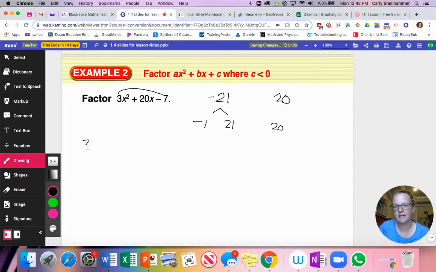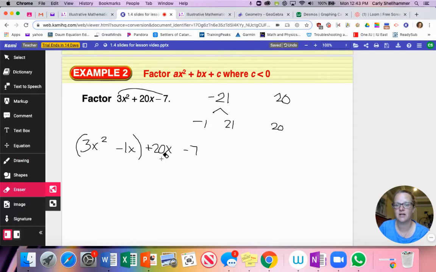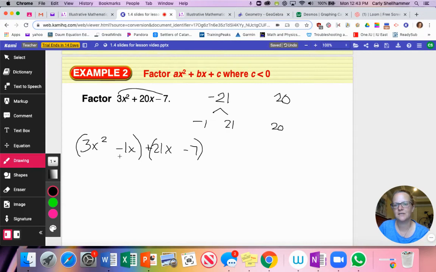Now expand that middle term: 3x squared minus 1x plus 20x minus 7. Group. And I did it again. You guys are going to check all my mistakes. Miss Carly, you did it wrong. And group. So the GCF for this first binomial is just an x.